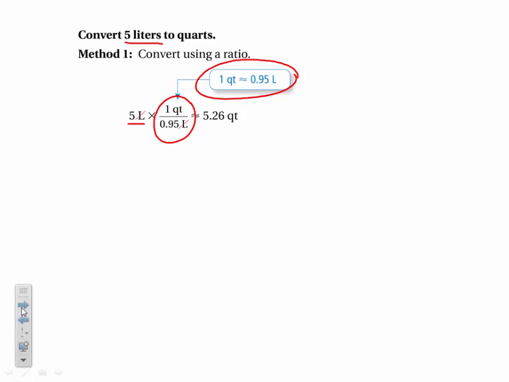Now you can write 0.95 liters over 1 quart, but in this instance, we don't want to. You need to know that the one you put on the bottom is the one you're converting from. If you imagine this as 5 liters over 1, we can see that the liters is on the top.